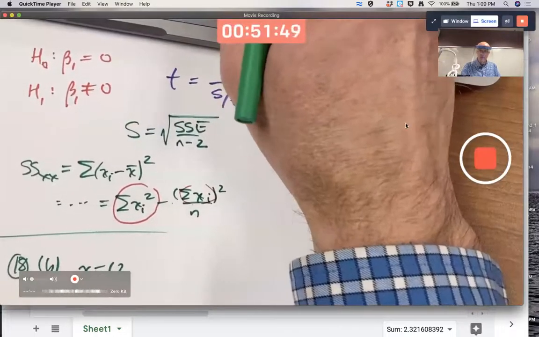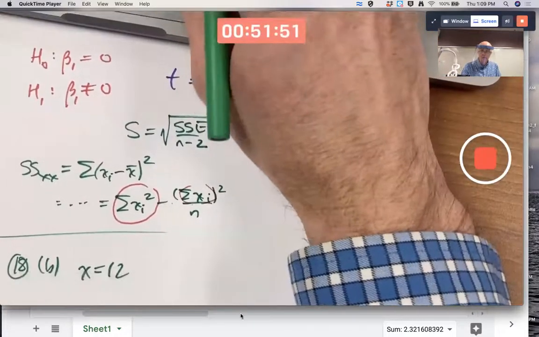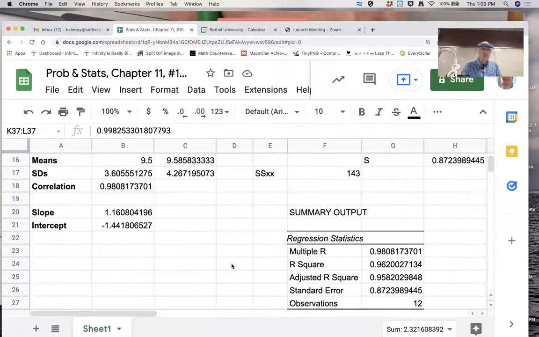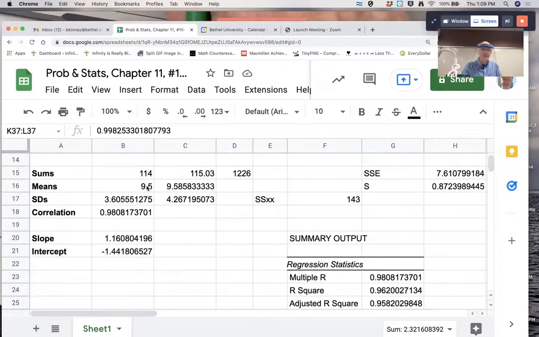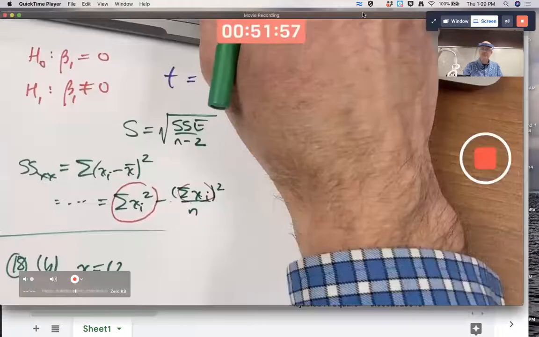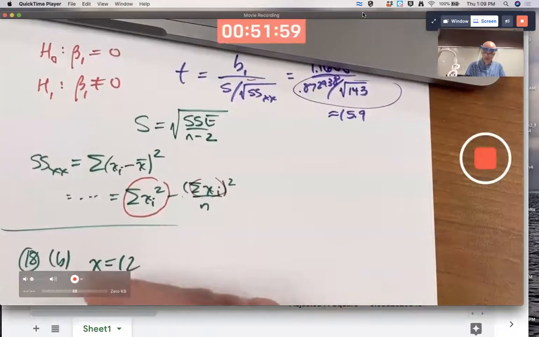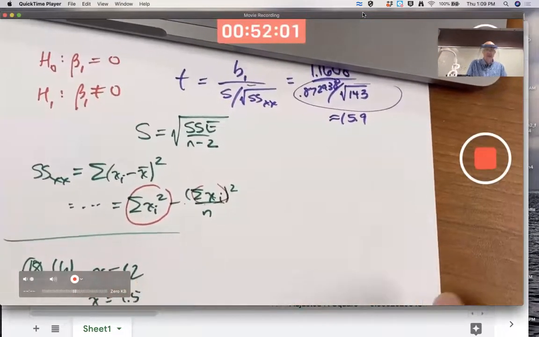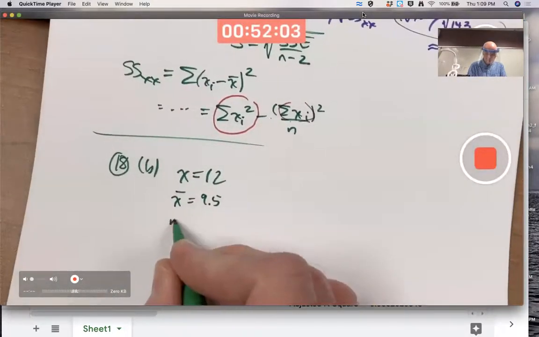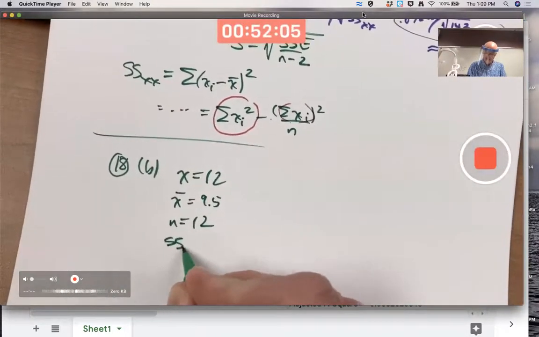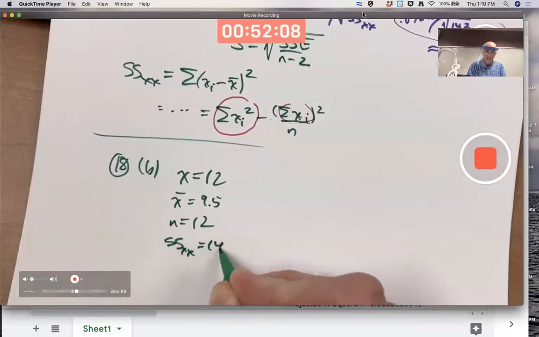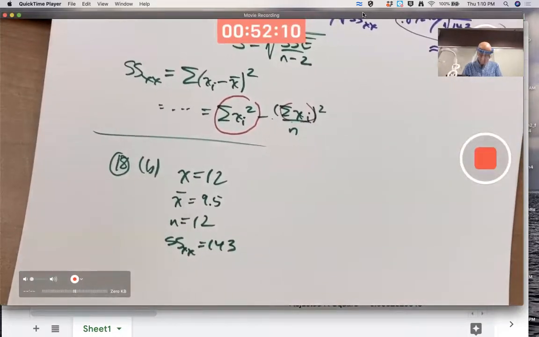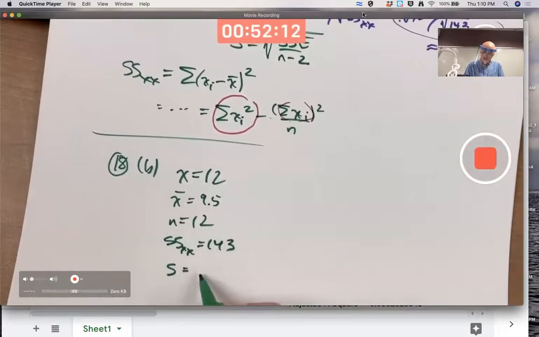We need the X bar. That's 9.5. Just the plain mean of X's. X bar is 9.5. N is 12. We need the SSXX. That was 143. We need S. That was 0.872938.